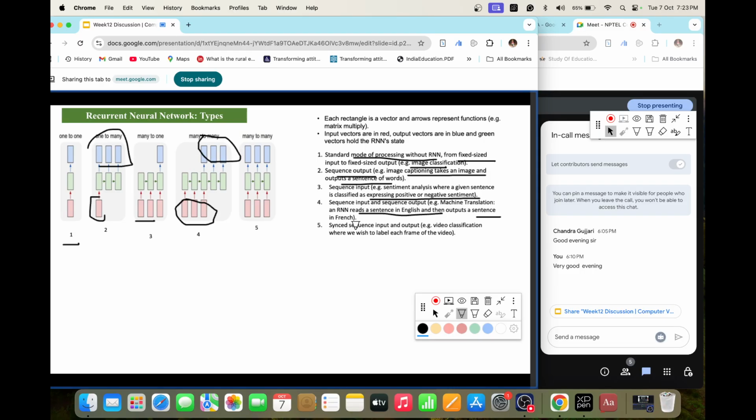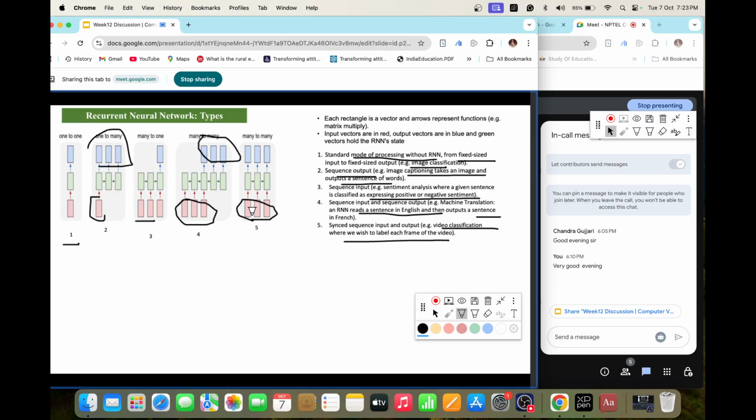And then at last we have another type, many-to-many, synced sequence input and output. For example video classification, where we wish to label each frame of the video. So each frame of the video should be labeled. What is a video?